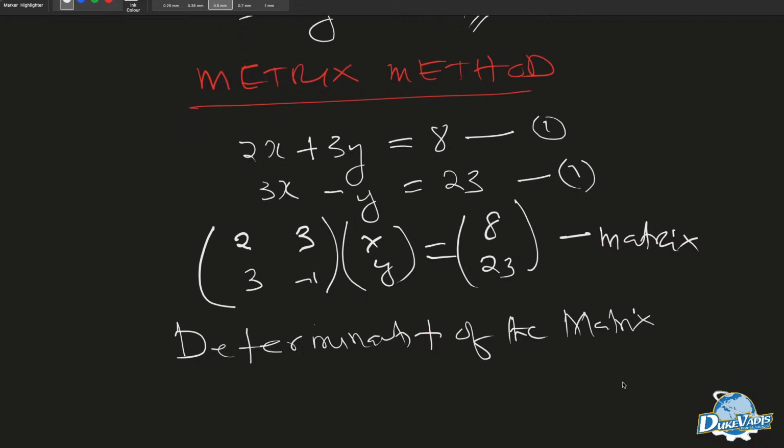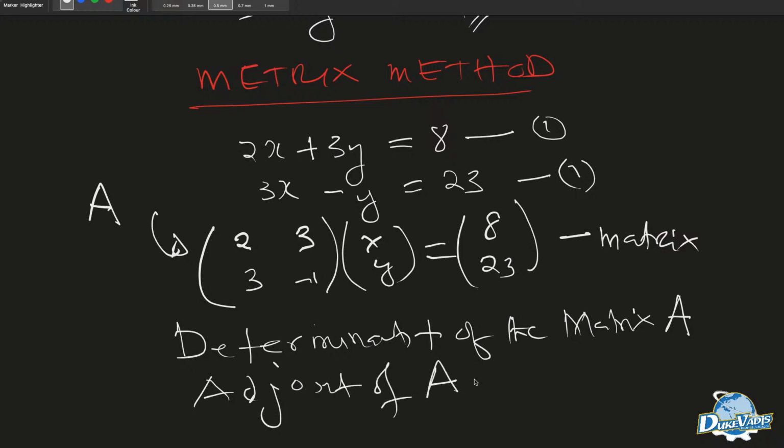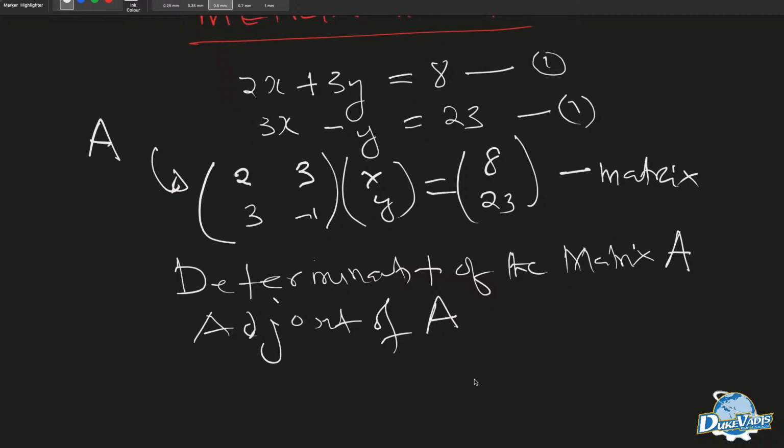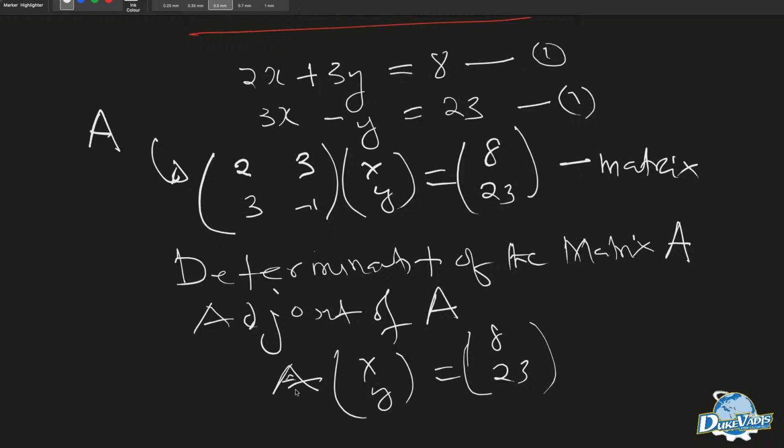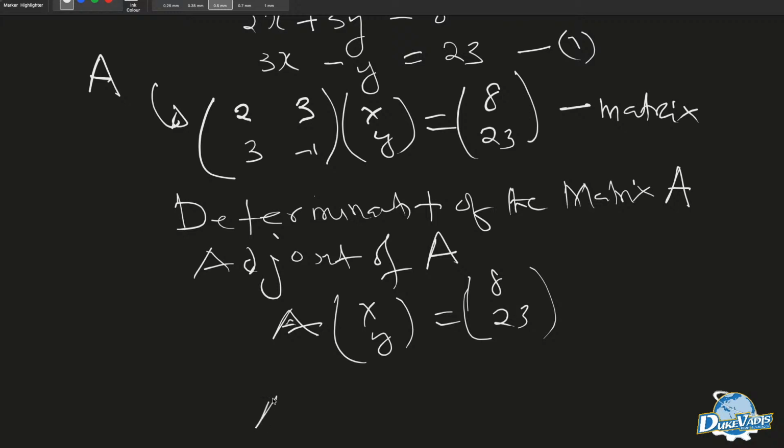Let's say this is matrix A, then we look for the adjoint of the matrix. So our matrix A multiplying xy is equal to 8, 23, where A is the matrix 2, 3, 3, -1.